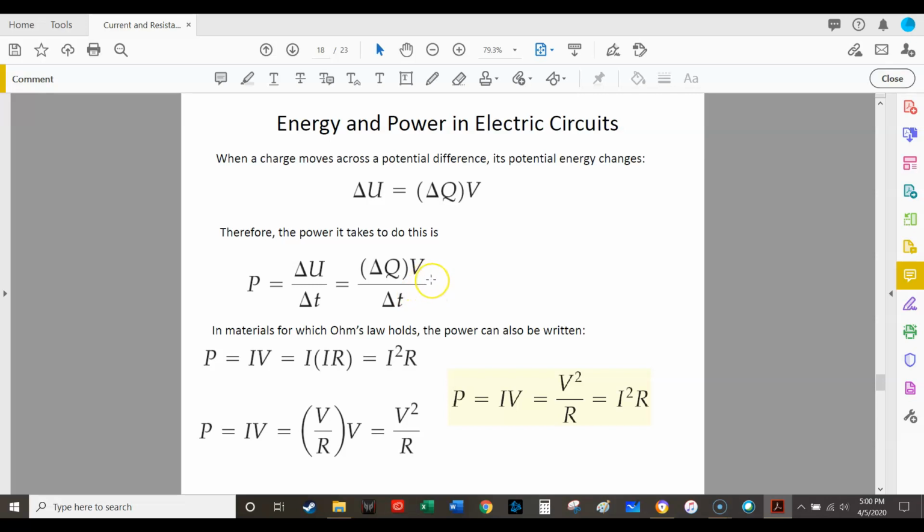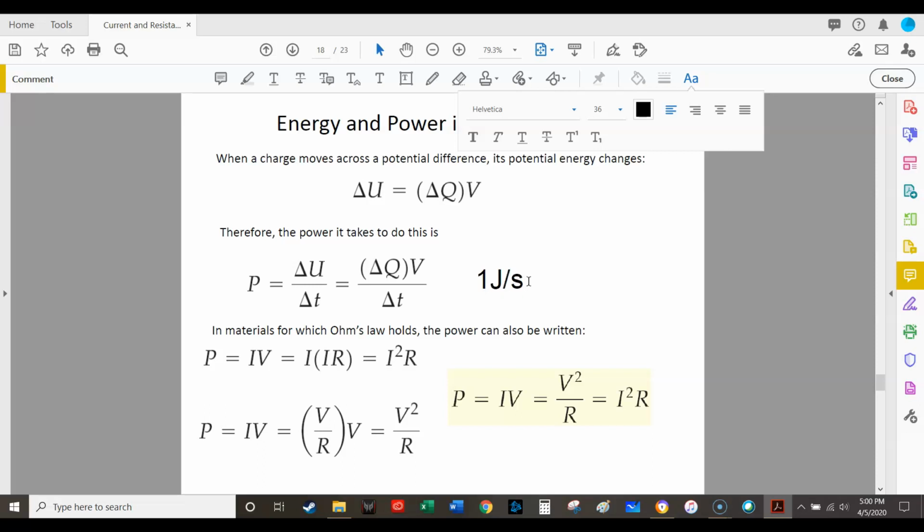So basically that is what a watt is. A watt is a joule per second. Okay. So this is 1 joule per second, and that's equal to 1 watt.